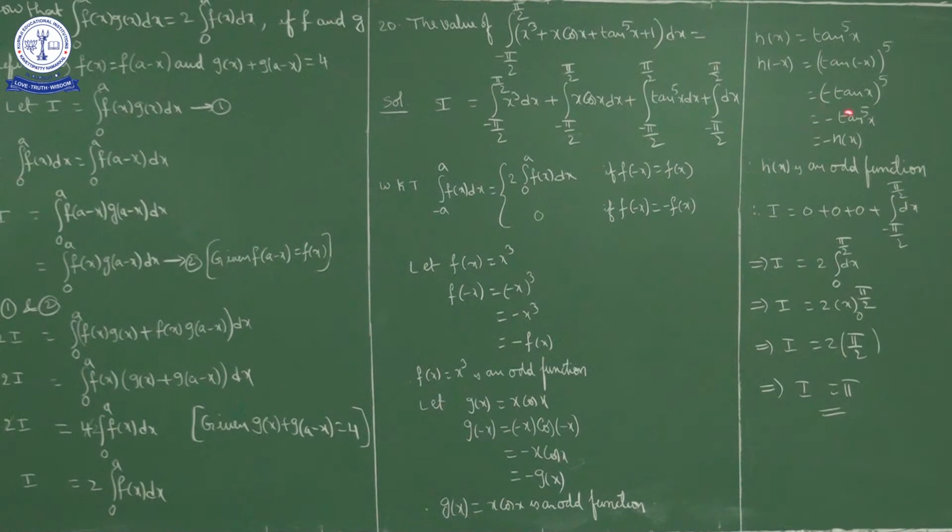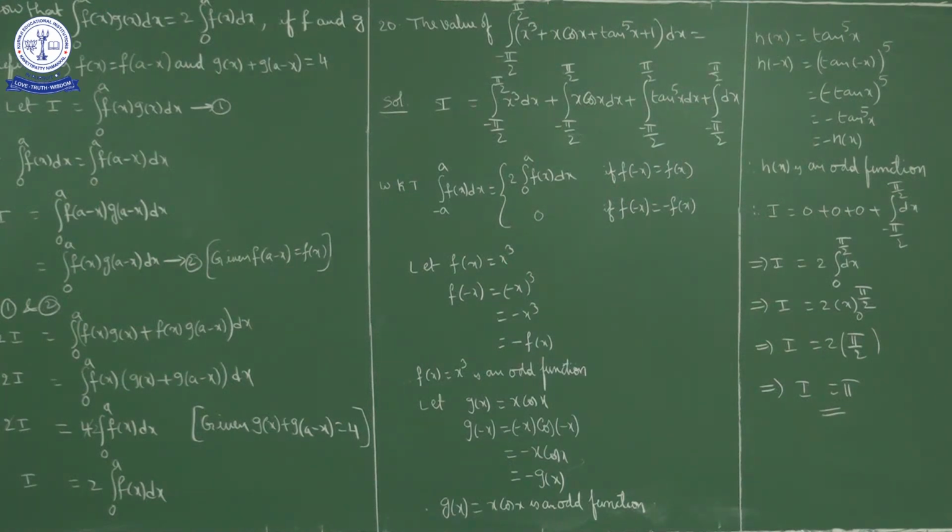So minus tan x whole power 5 is minus tan power 5x, which is minus h of x. So h of x is also an odd function. So the integral from minus pi by 2 to plus pi by 2 of tan power 5 dx is 0.